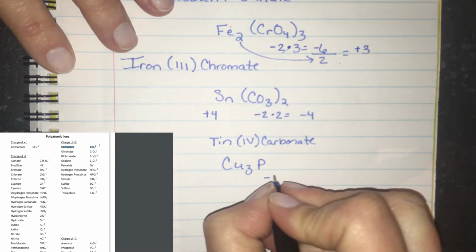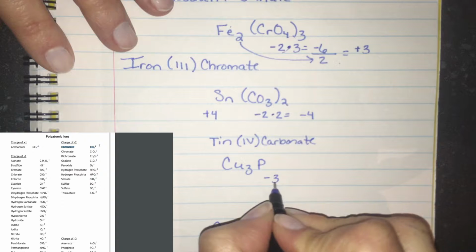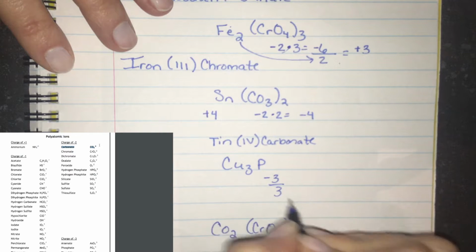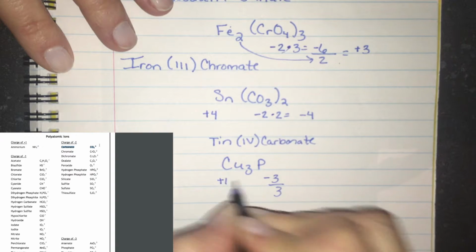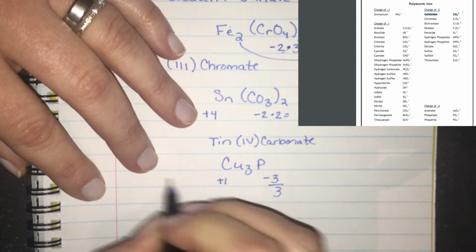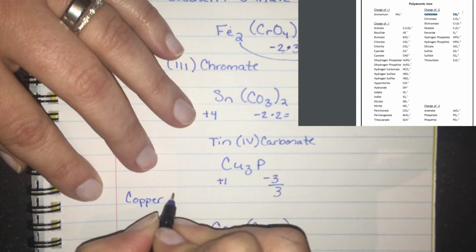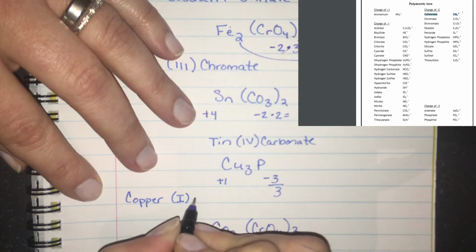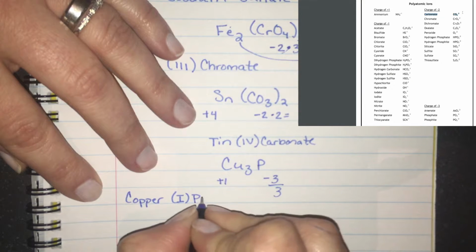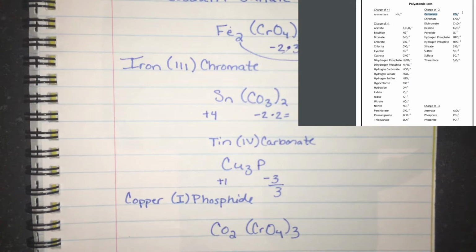So we have a -3 charge here, and we have 3 coppers. So we need to divide it by 3. That makes this a +1 charge. So we still have to put the Roman numeral even if it's a +1 charge. So it would be copper 1 phosphide, okay?